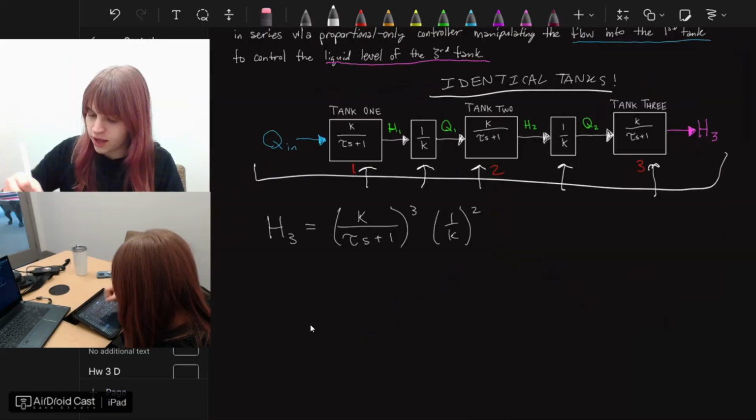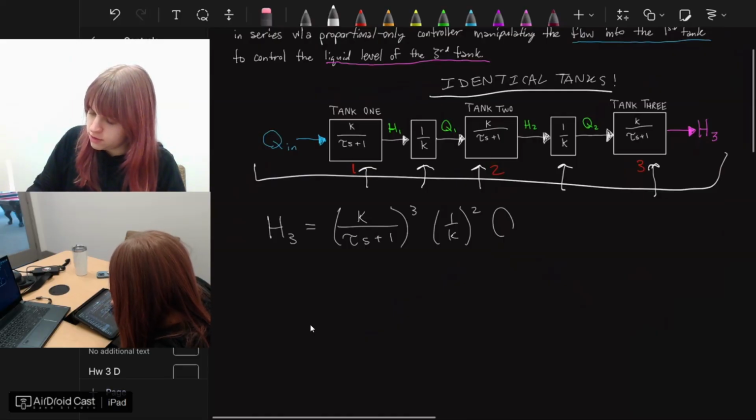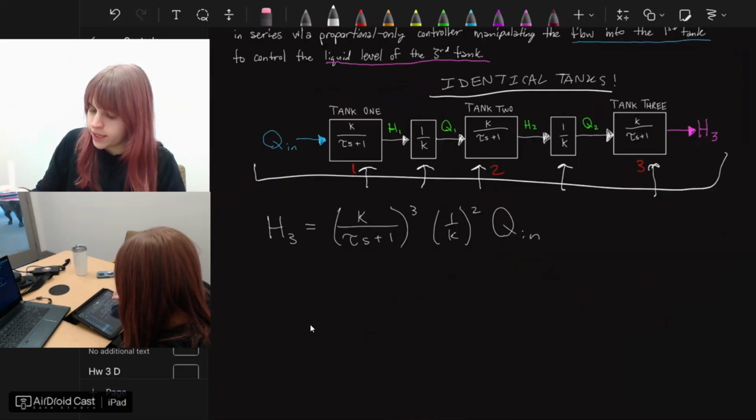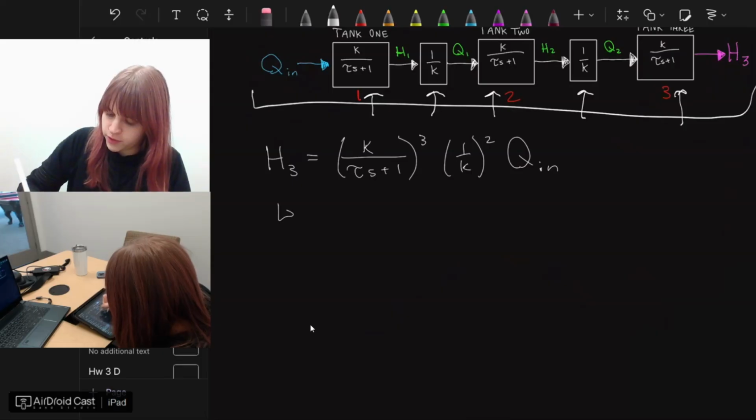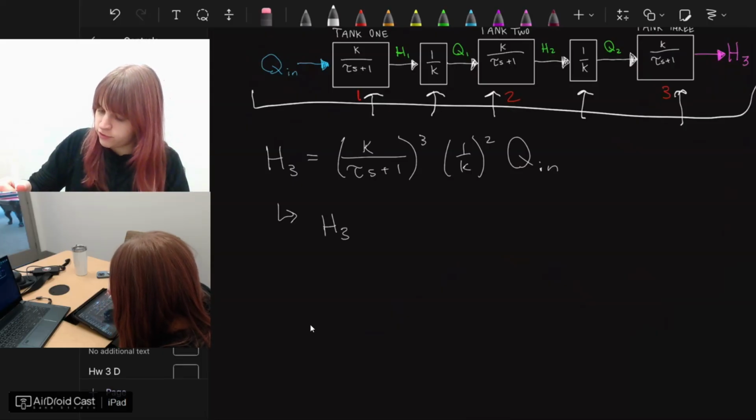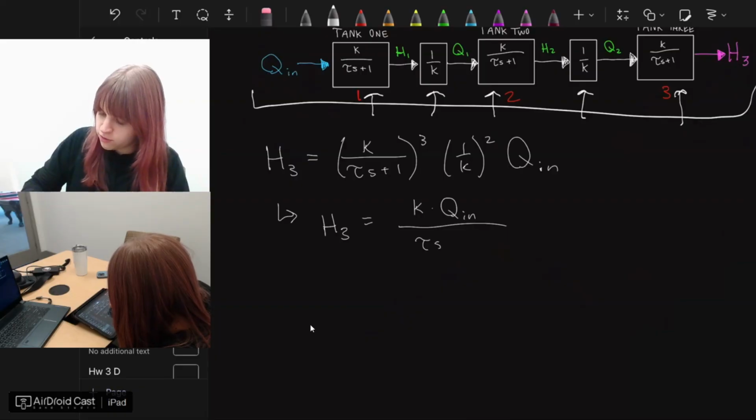And then we actually also have the flow rate in the Laplace domain. And then if we were to multiply that out, we would have 1 K left in the numerator, the Q in, and then this would all be over tau s plus 1 cubed.